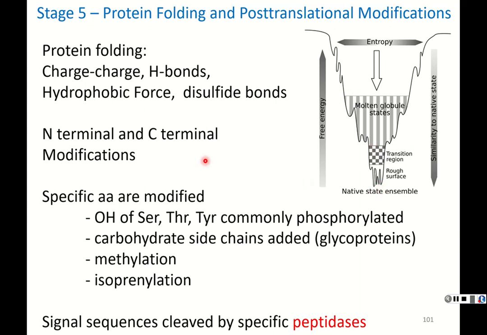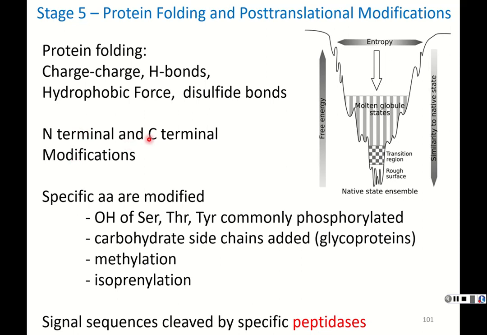Why do proteins fold the way they do? Well, they fold because of certain interactions: charge-charge interactions, hydrogen bond interactions, hydrophobic force, and disulfide bonds. So these are interactions between side chains of amino acids in your protein chain.